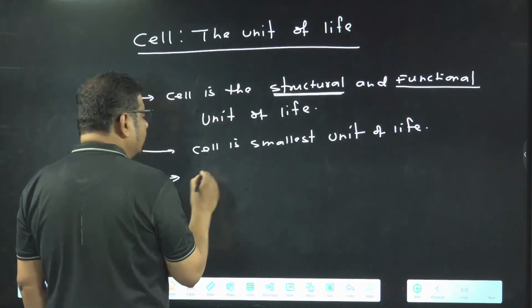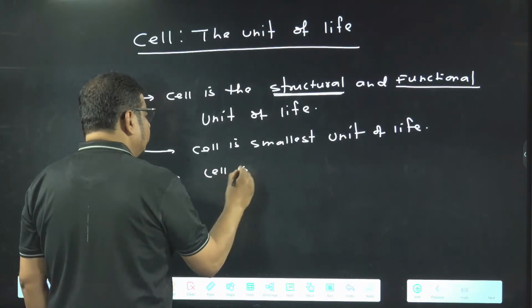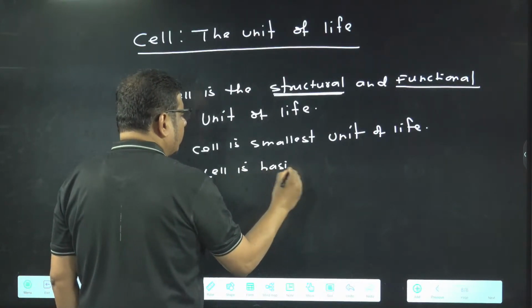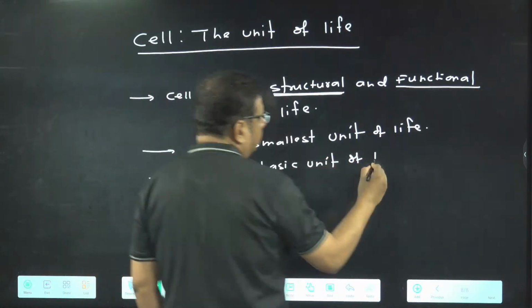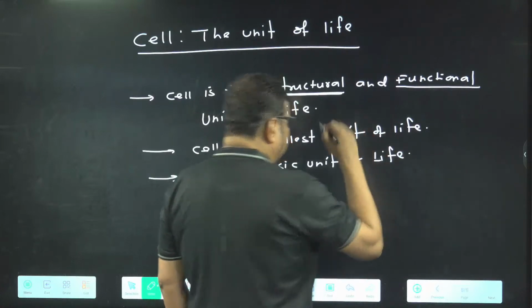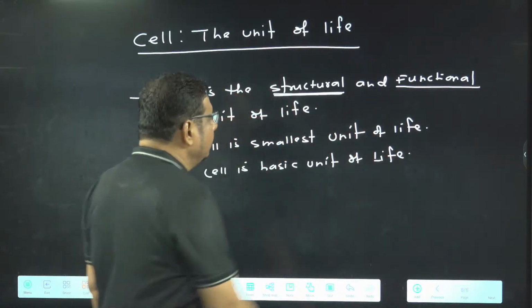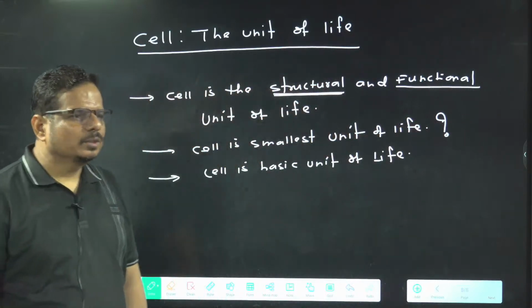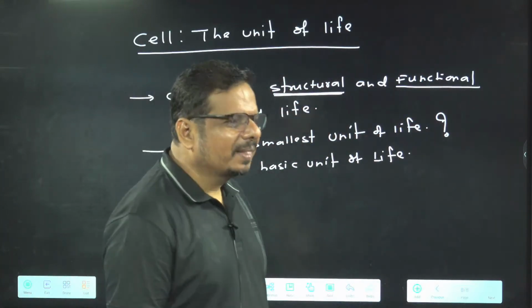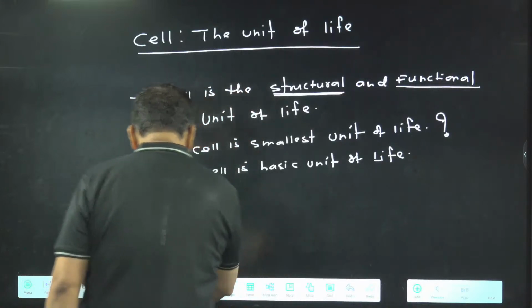We can also say the cell is the basic unit of life. Why are we saying the cell is the smallest unit of life? I am asking a question.